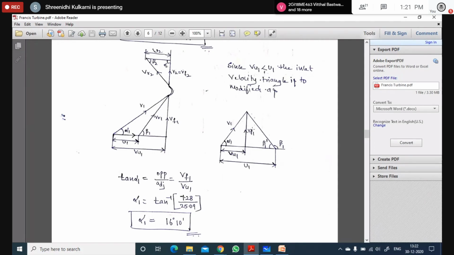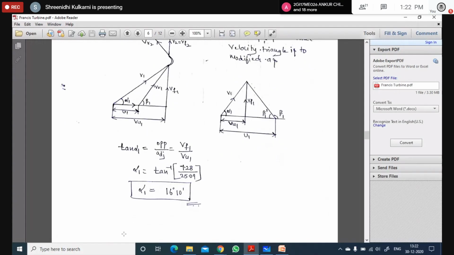Opposite is VF1 and adjacent is VU1. Already we know VF1 and VU1, so then we can easily find alpha 1. That is the guide blade angle at inlet.